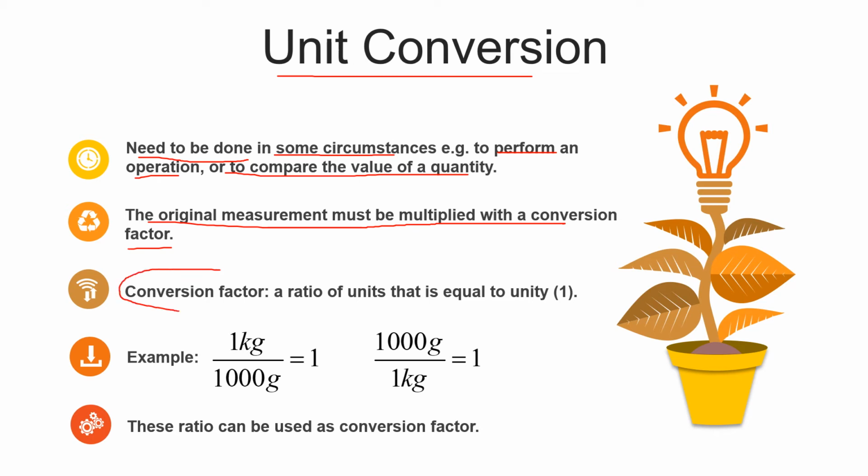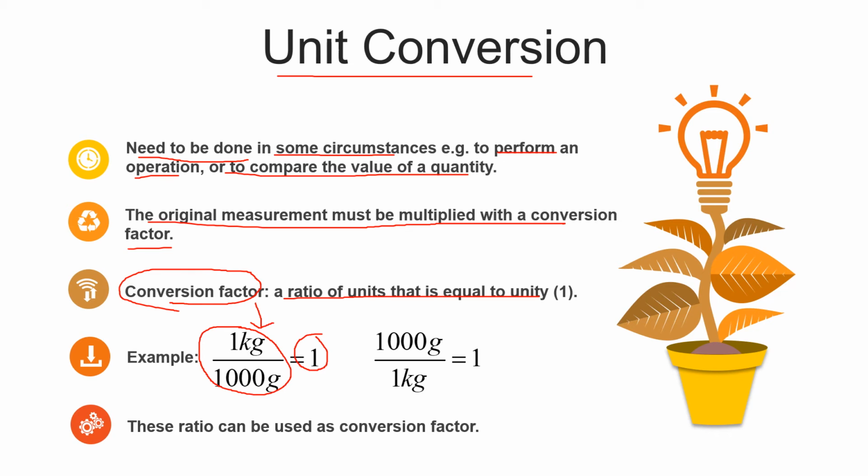So conversion factor ni adalah ratio of unit that is equal to unity. Okay, bila kita punya conversion unit, this is the conversion unit kita, equal to 1. So ini dipanggil sebagai conversion factor. Okay, this is the conversion factor, ratio of the unit.